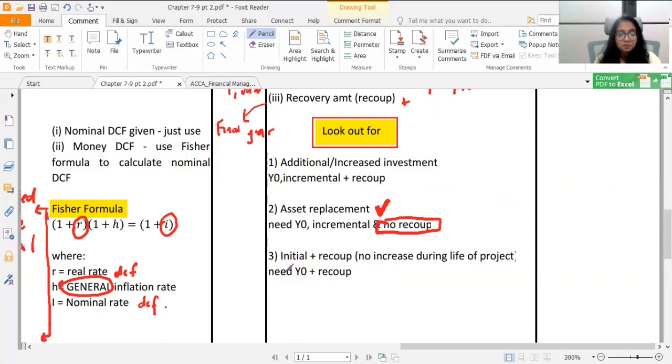The next one, the examiner will not have any elements of incremental working capital. Why? Because during the life of the project, he did not incur any additional costs besides the initial cost that he has incurred. So you can see how the examiner manipulates you, okay?